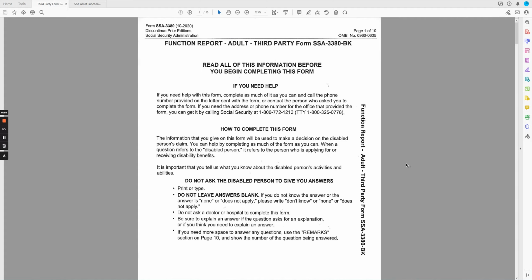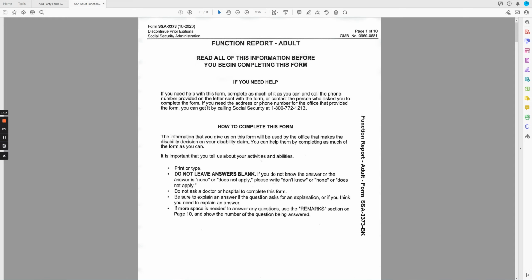The second thing I want to talk to you about is the instructions and things you should do before you sit down to fill out this form. So first and foremost, what I want to talk about is what you need. And what you need is this other form called the Adult Function Report.